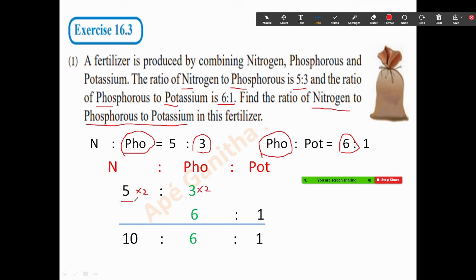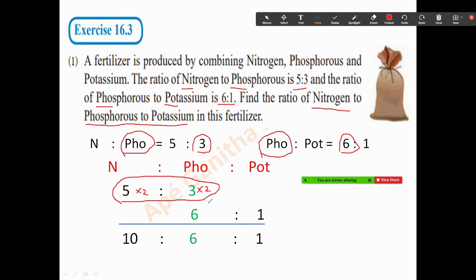Now we wrote an equivalent ratio for 5 to 3. This is the first ratio, 5 to 3. An equivalent ratio can be obtained by multiplying both sides by the same number. Then let's write the combined ratio. 5 into 2 is 10, 10 to 3 into 2 is 6.